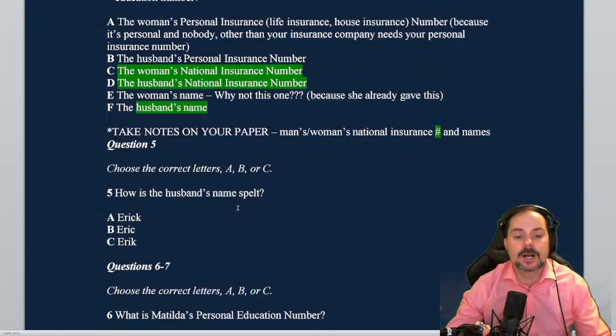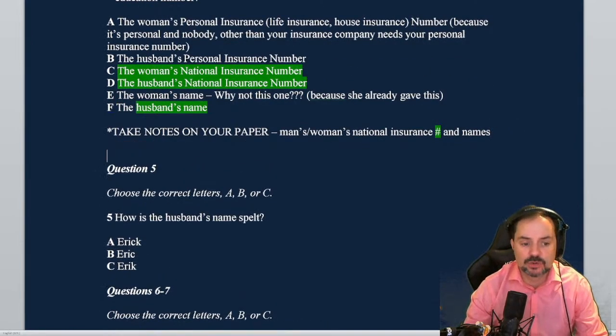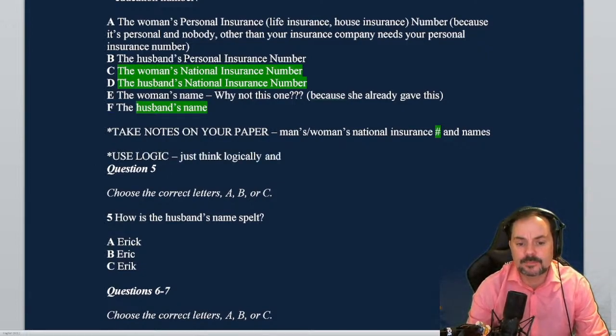So, of course, the other important strategy for this type of multiple choice question where you have several answers is use logic. Okay, just think logically, and you will realize that several options are not possible, do not make sense.